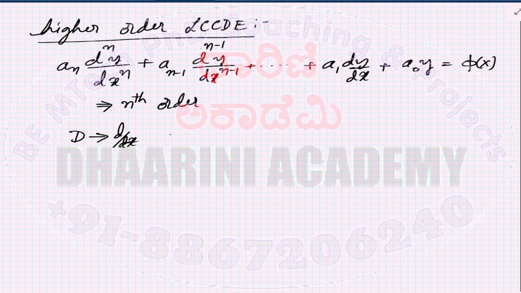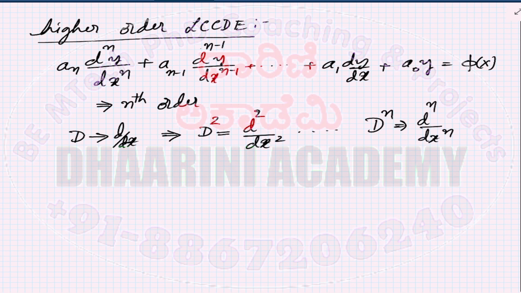This implies that D square is d square by dx square, and so on. I can write D to the n as d to the power n by dx to the n. This is what is called a differential operator. This D is called a differential operator.